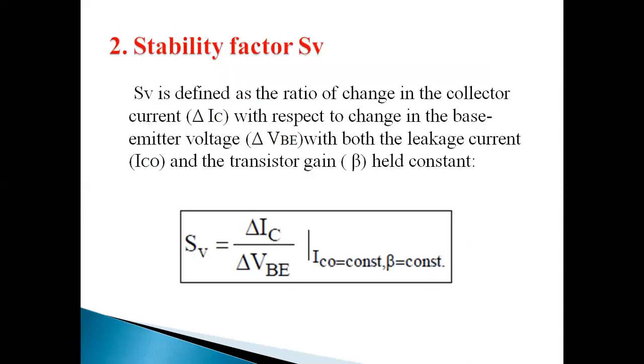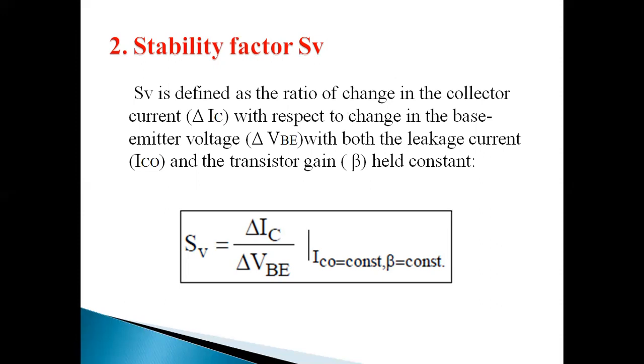Moving on to the next stability factor, it is SV. It is another stability factor where we take a different denominator value. In all the cases, we are concerned about the change in the collector current only.